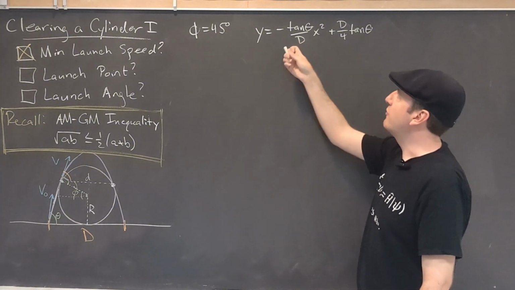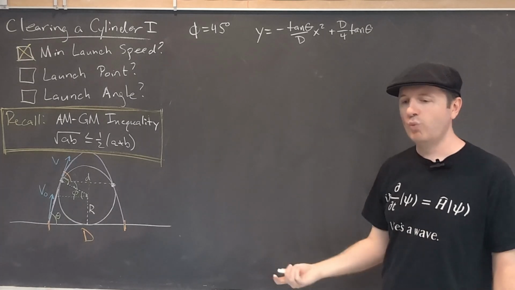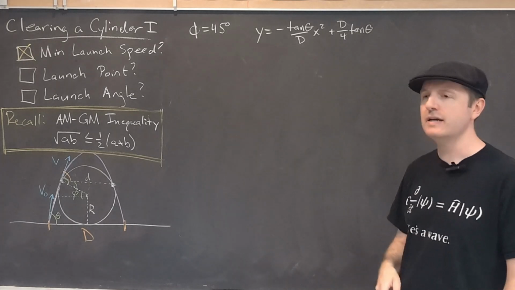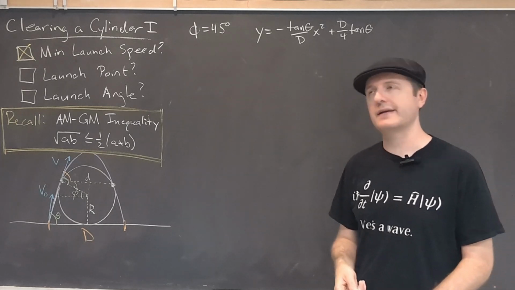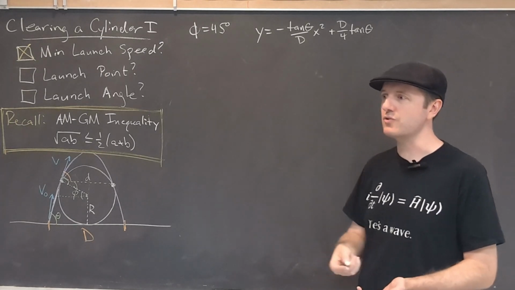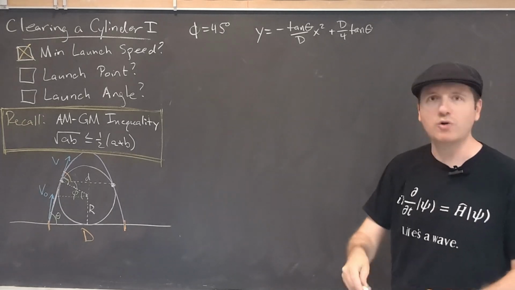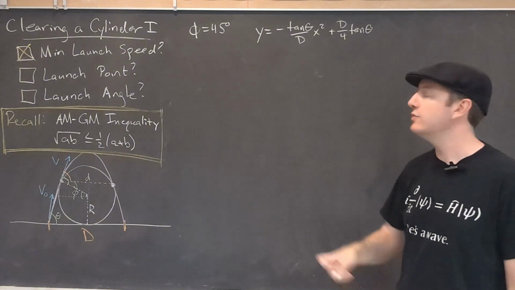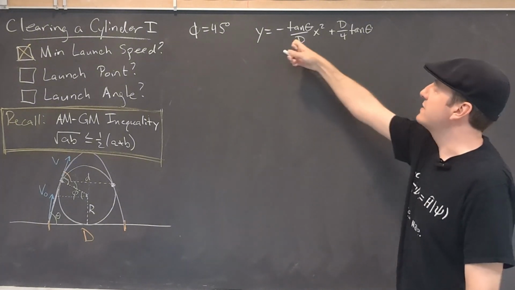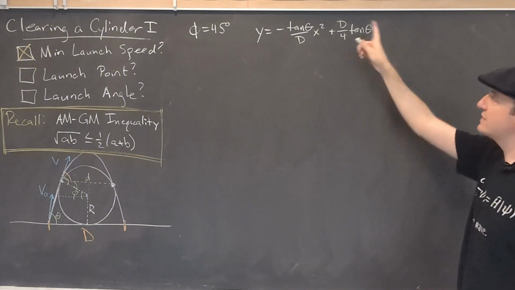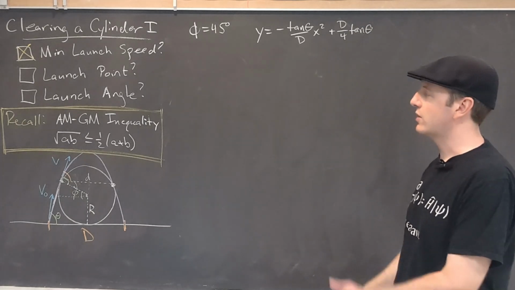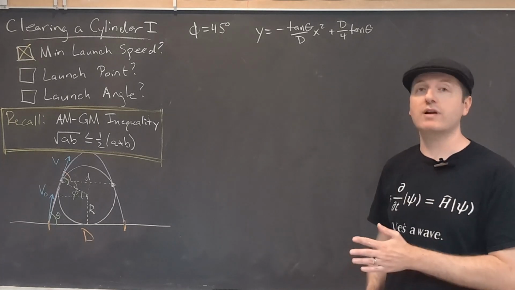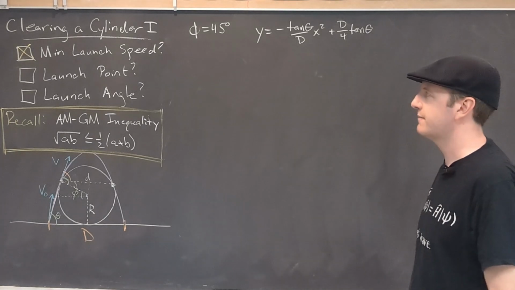And then this bit out front was just rewritten in terms of tan theta and d. Usually we've been writing it as something like g over 2 v naught squared cosine squared theta in the denominator. You can just wrap that all back up using our range formula d. And it's negative, of course, because it opens down. So this is the general expression for a projectile that's launched at angle theta with a range of d, symmetric about the y-axis. Doesn't have that linear term.